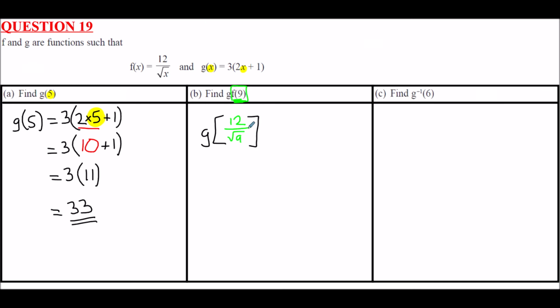Now the square root of 9 is obviously 3. This is g of 12 divided by 3. In other words, we're going to work out what g of 4 is.